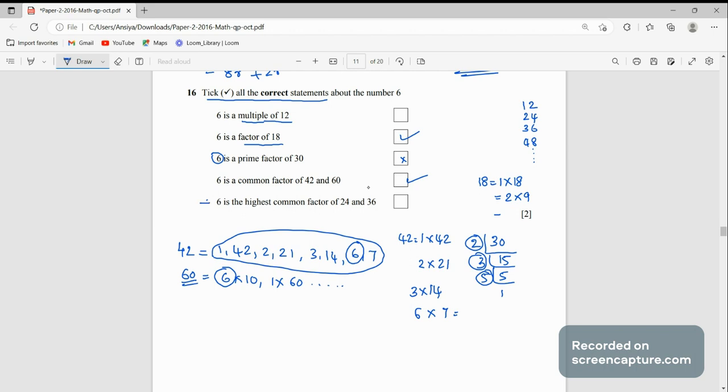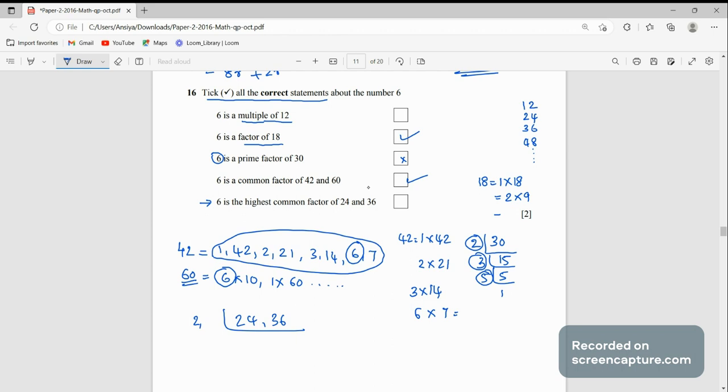Next one. 6 is the highest common factor of 24 and 36. So 24 and 36. Find out the HCF. Here you should think what highest number you can put here. Okay, 2 is possible here, right? We can divide both numbers with 2.